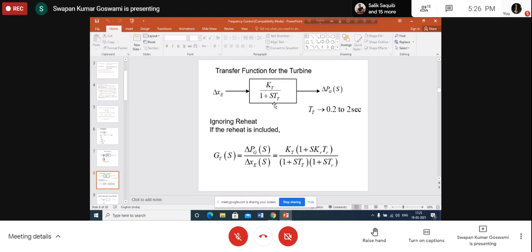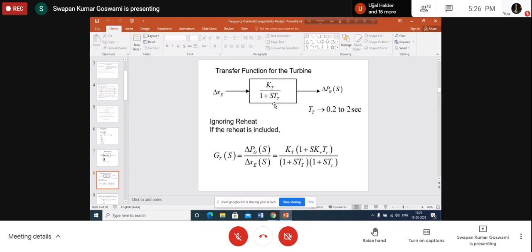We can improve the efficiency by inserting the reheater in the system. What is the basic point of introducing the reheater? Obviously, it is increasing the use of heat. More utilization of heat is there, so it is improving the efficiency. That aspect we shall not be considering now.